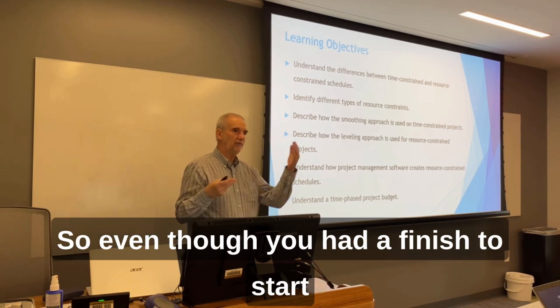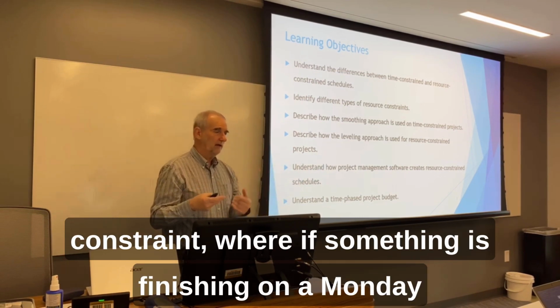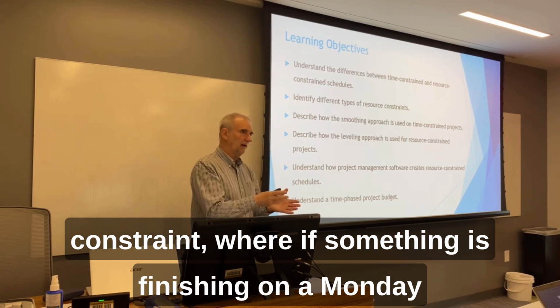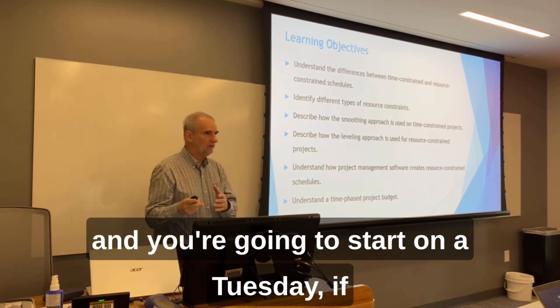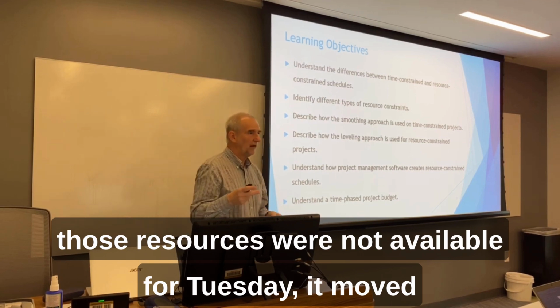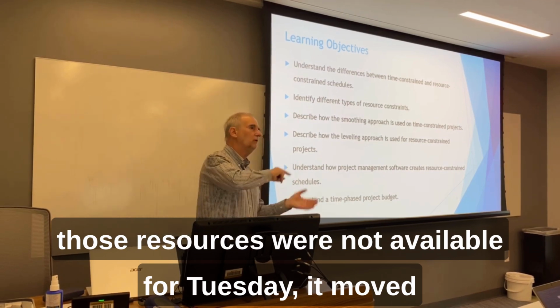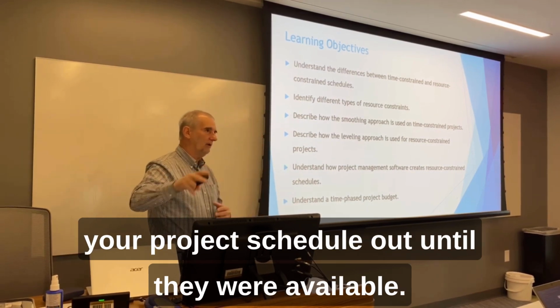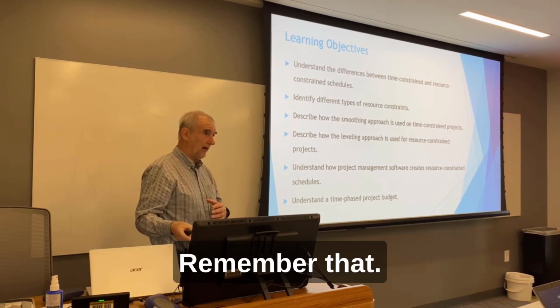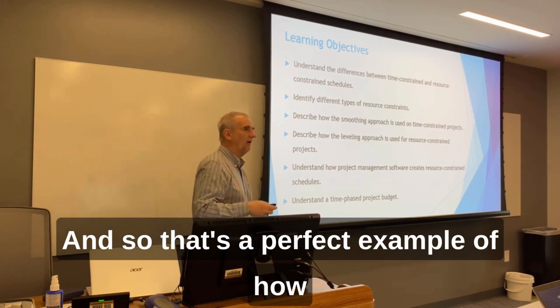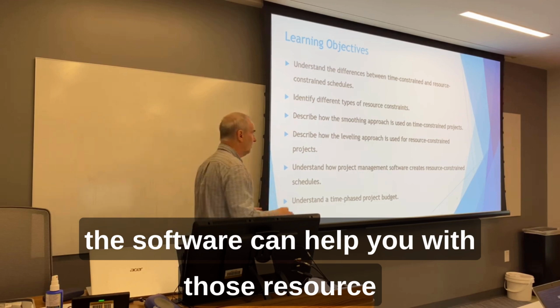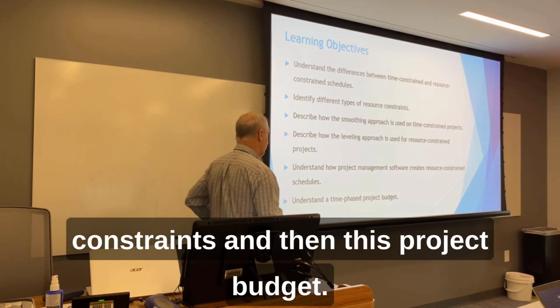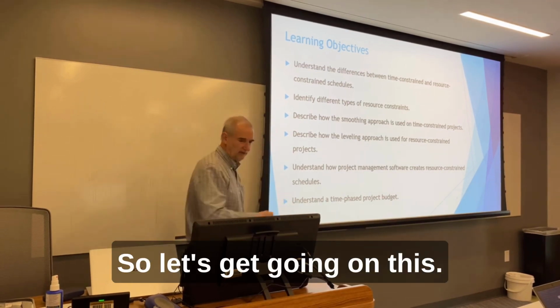So even though you had a finish to start constraint, where if something is finishing on a Monday and you're going to start on a Tuesday, if those resources were not available for Tuesday, it moved your project schedule out until they were available. You remember that? That's a perfect example of how the software can help you with those resource constraints. And then the project budget. So let's get going on this.